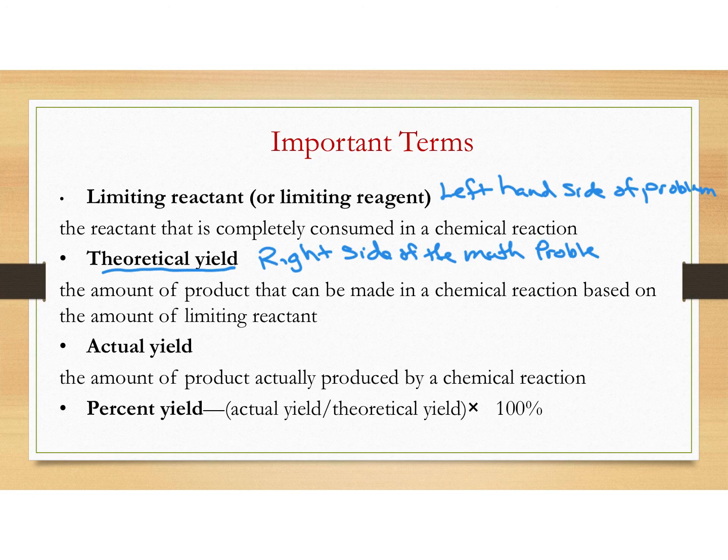You may have poor laboratory techniques. Okay, I don't like to pick on anybody, but a lot of my students like to get in and out real quick, so they'll do it as quick as they can, and they end up not getting their glassware clean or not rinsing it all out. And so we get an actual yield from that reaction that isn't close to the theoretical yield. So the actual yield must come from a chemical reaction. You have to do the reaction in order to get an actual yield.